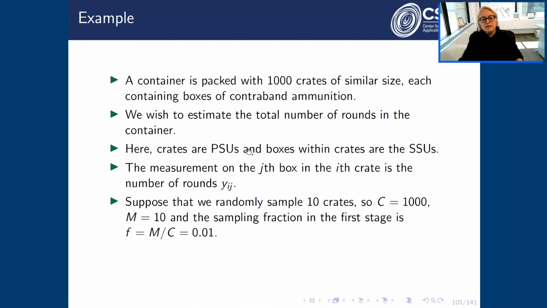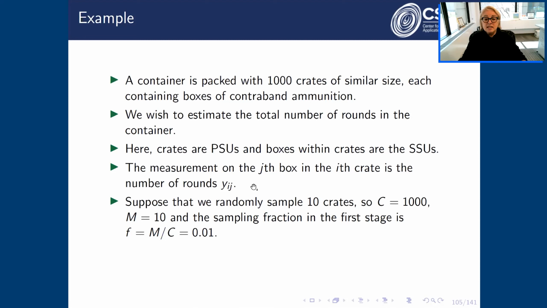So the 1,000 crates are the PSUs or clusters, and the boxes within the crates are the secondary sampling units. The measurement for each box is just the total number of rounds. That's what the Yij is going to be.